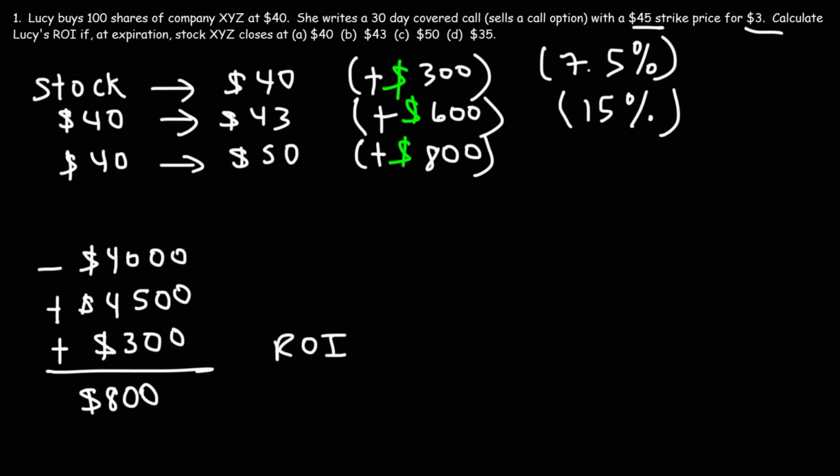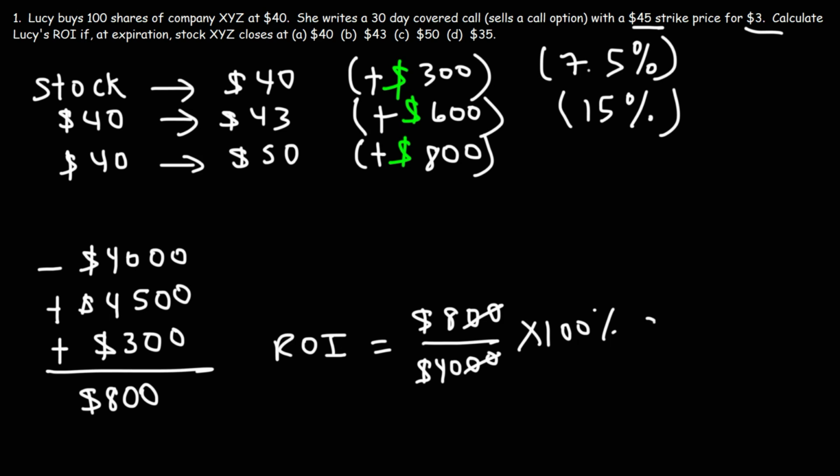She can't make more than $800. So her ROI is going to be her profit, 800, divided by her cost of investment, 4,000, times 100%. So 8 divided by 40 is 20%.